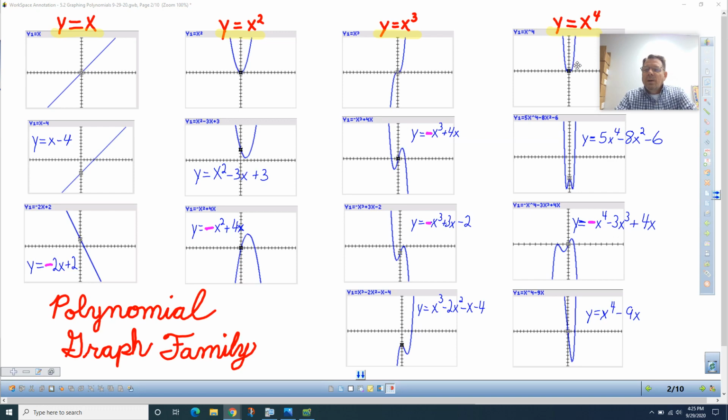But you notice that each one of these is still going to be similar. This is just super basic. Sometimes people don't understand why this doesn't have another little twist or turn. Well, because it's all just x to the fourth. It looks very similar to the quadratic, but you notice something here.